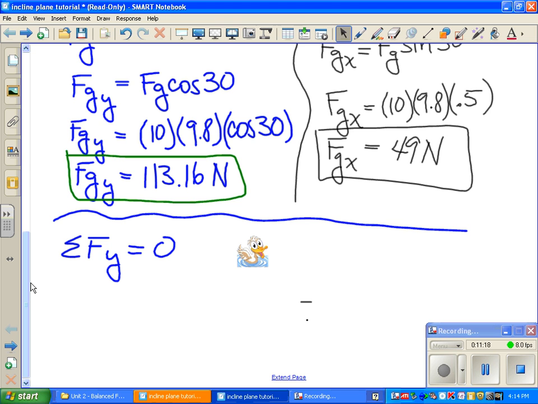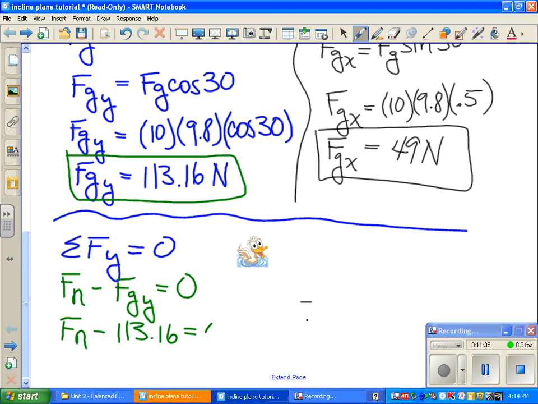So now we put in those forces we know. We said that the normal force is going to be positive, minus force of gravity in the y direction, which is going to equal 0. Force of gravity in the y, we can do some replacement here and do some math. 113.16 newtons equals 0. I think Ducky knows the answer. What is it, Ducky?